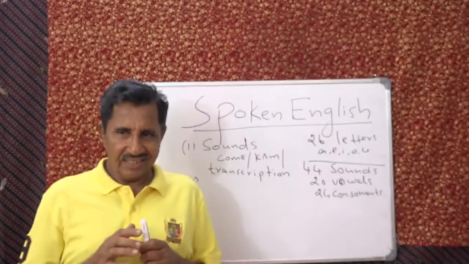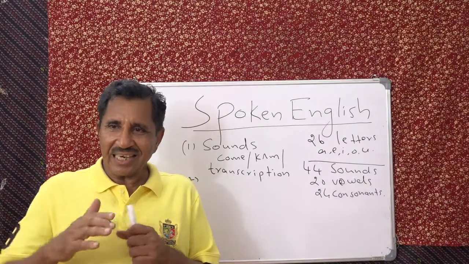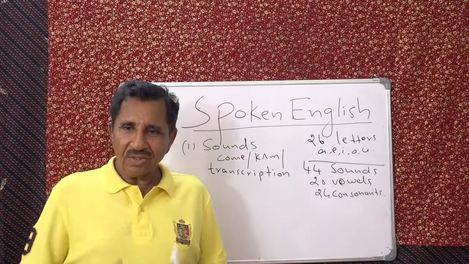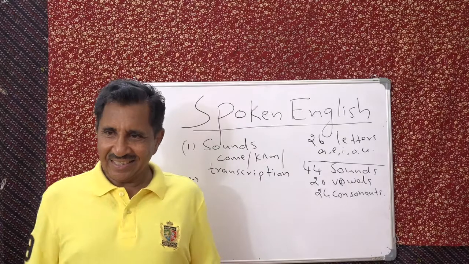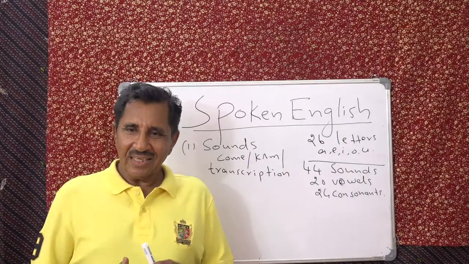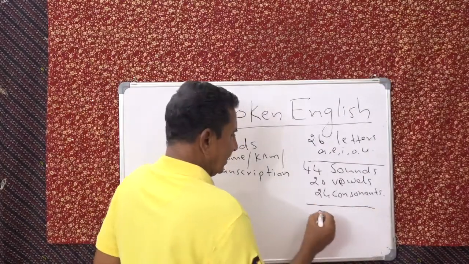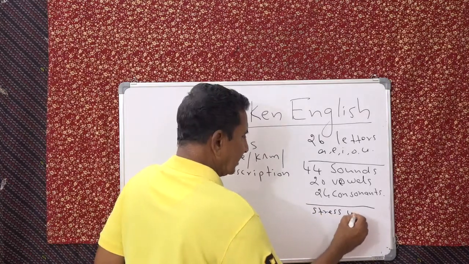The second point is, English is a very interesting language in the sense that you can see a rhythm, no? You see, when you say, he goes to school every day, there's a rhythm. And how do you create the rhythm? By a method called stress and unstress.